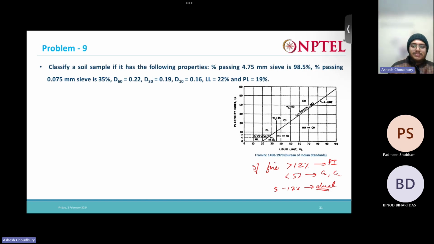Percent passing 4.75 mm sieve is 98.5%, percent passing 0.075 mm sieve is 35%, and D60, D30, D10 are given. First identify whether the soil is coarse soil or fine soil. Go step by step.